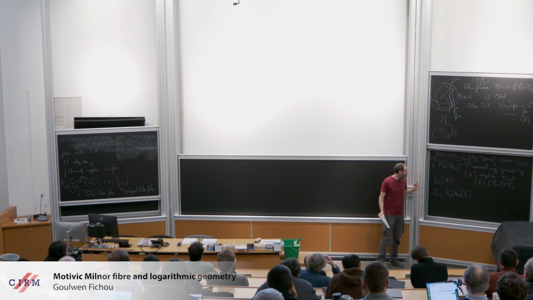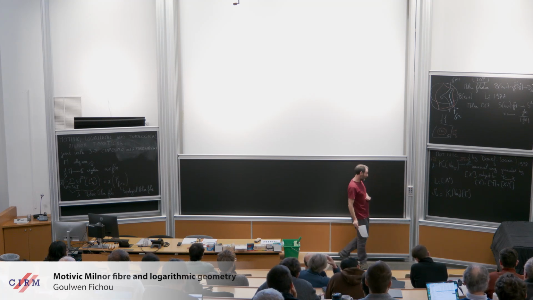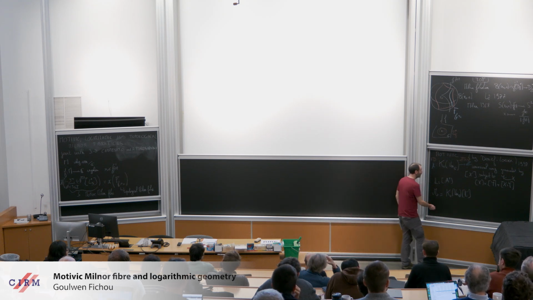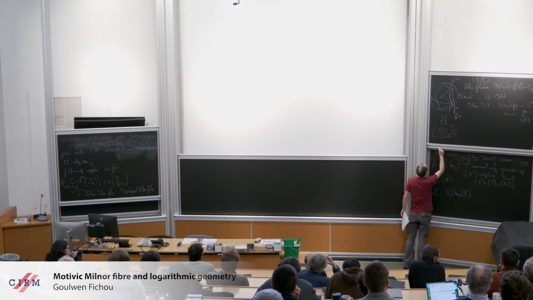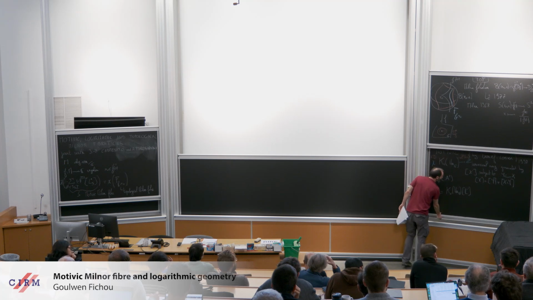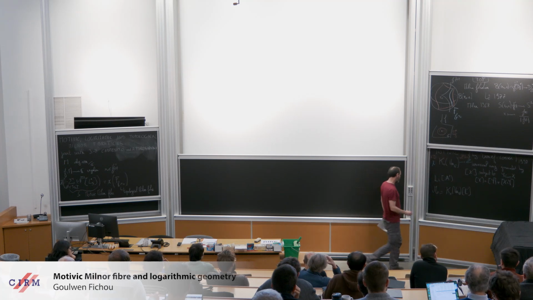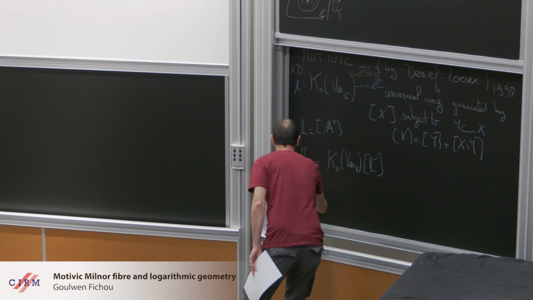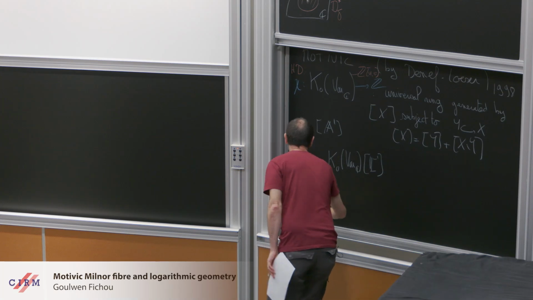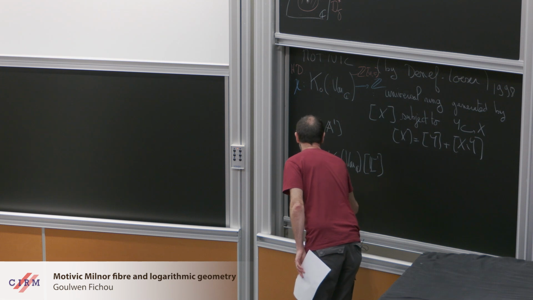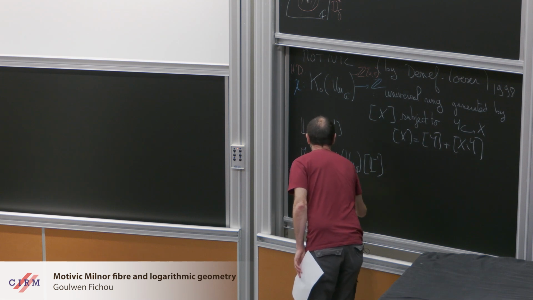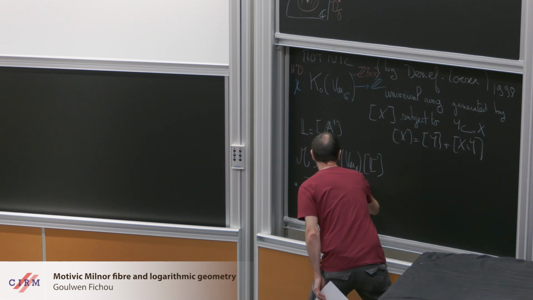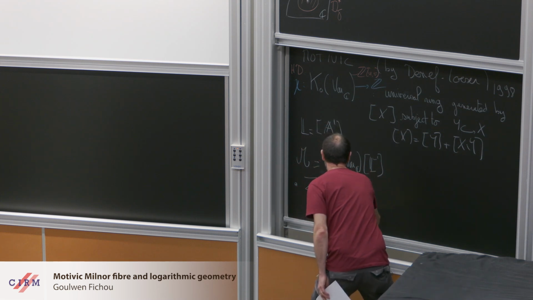And so what is the Motivic Milnor fiber in this ring? Well, we can define some zeta function associated to F. So to such a function, you can associate some arc spaces.